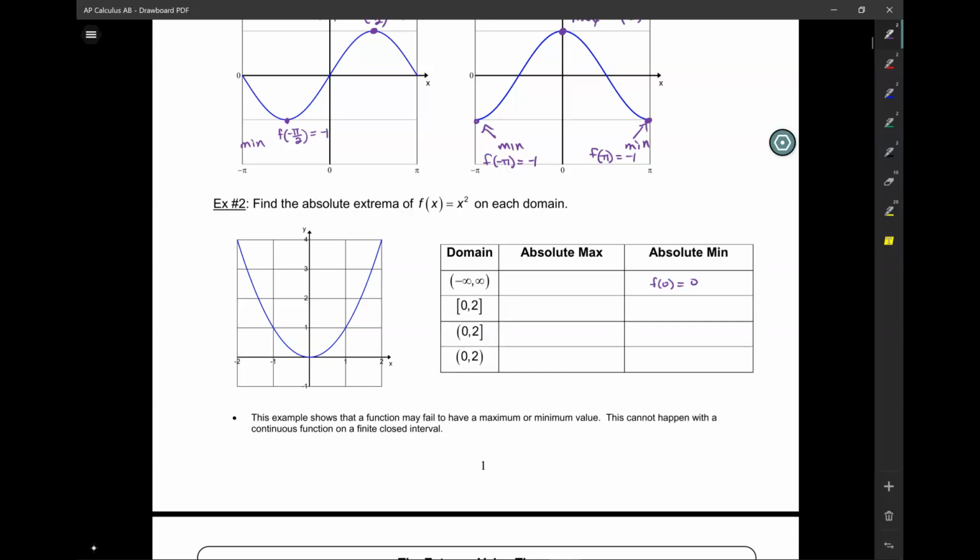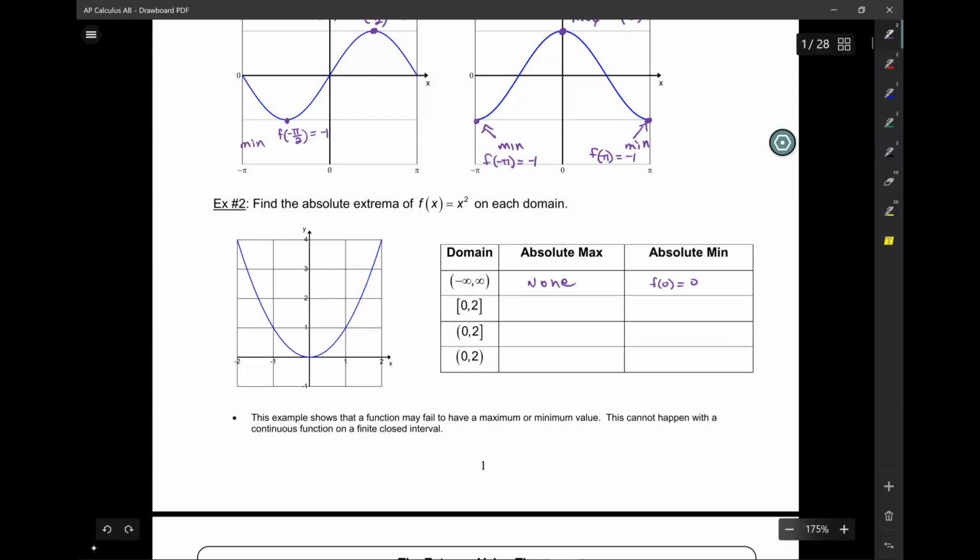They're going to keep going out, so there is no absolute maximum that it ever reaches, right? There is no absolute max because even if you're at the highest point, there is still a higher point, okay? Now, the rest of these are very, very important.